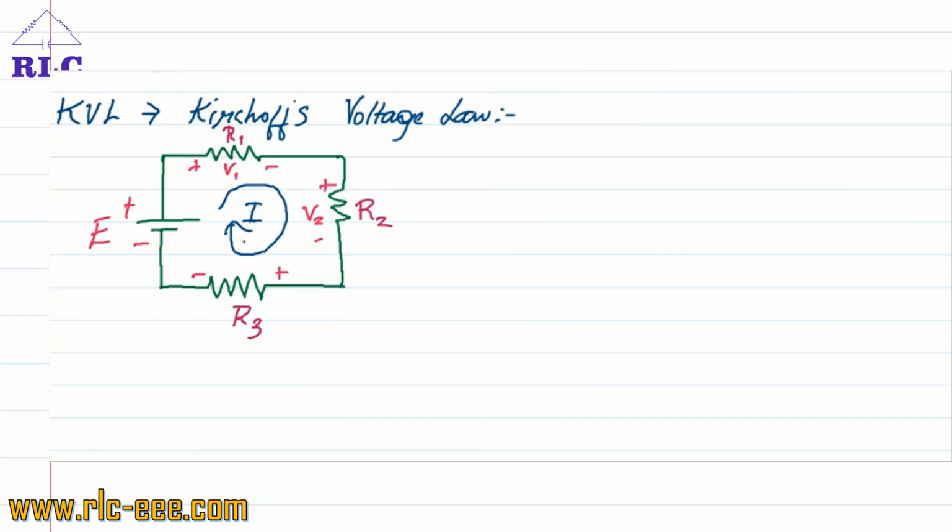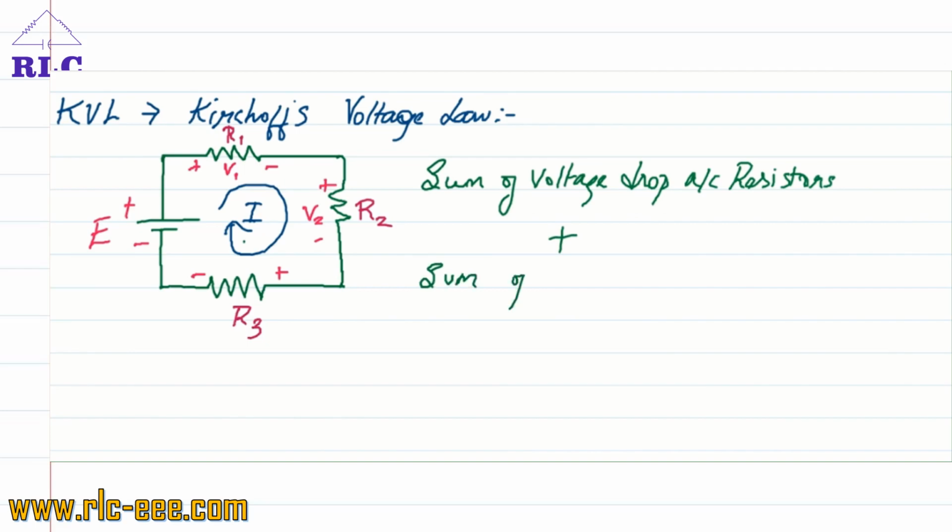Kirchhoff's voltage law states that the sum of all the voltage drops across the resistors, V1, V2, V3, plus the sum of EMF sources in the circuit is equal to 0.